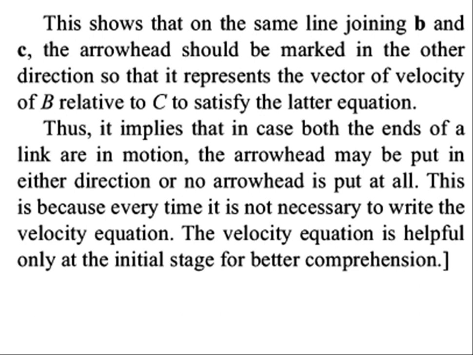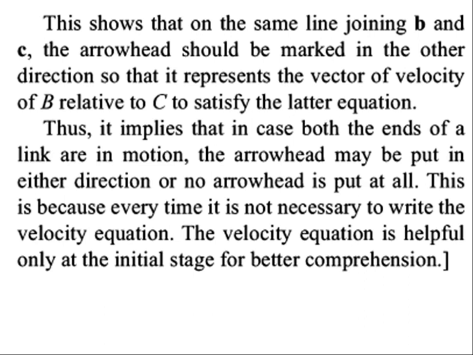Okay, and one more note: this shows that on the same line joining B and C, the arrowhead should be marked in the other direction, so that it represents the velocity of B relative to C, to satisfy the latter equation. Okay, so thus it implies that in case both the ends of the link are in motion, the arrowhead may be put in either direction, or no arrowhead is put at all.